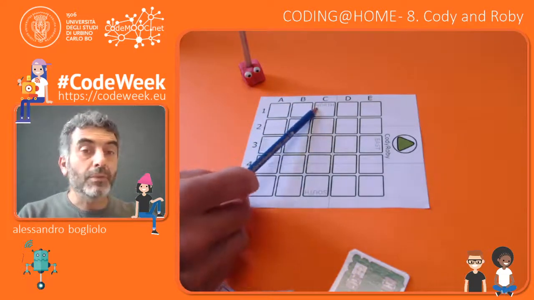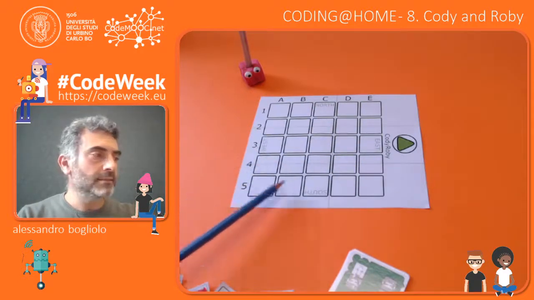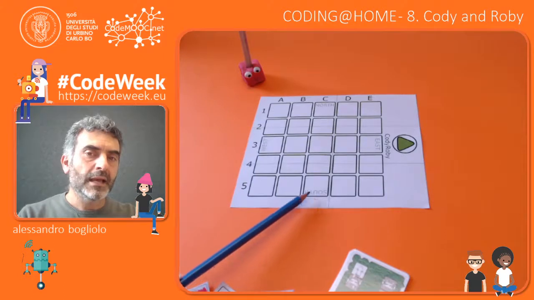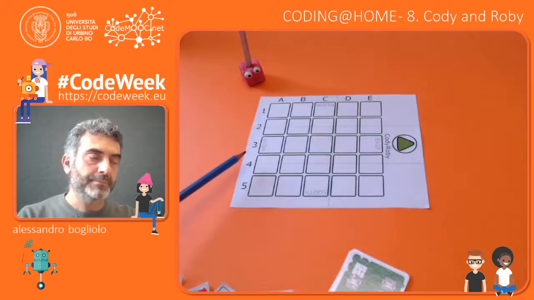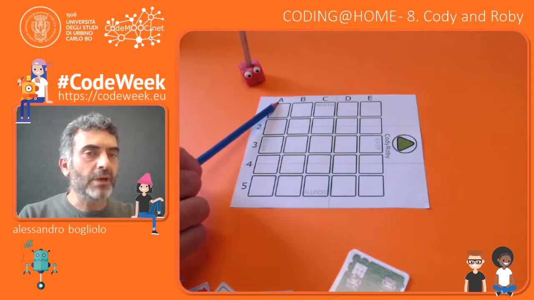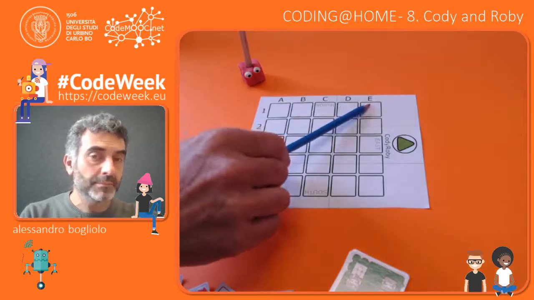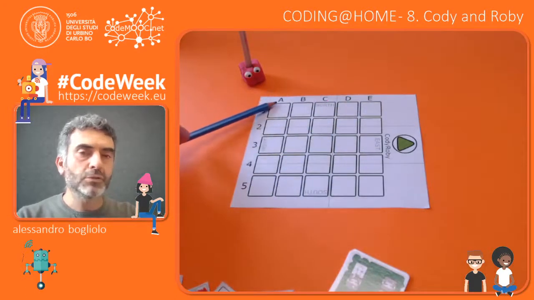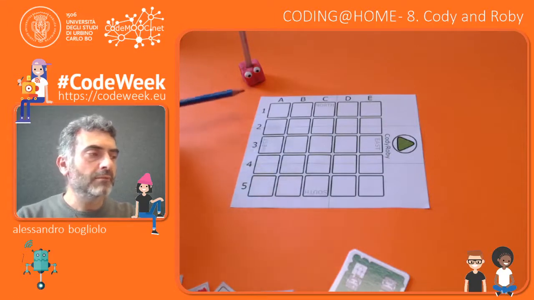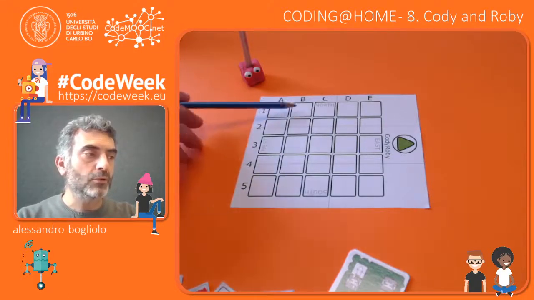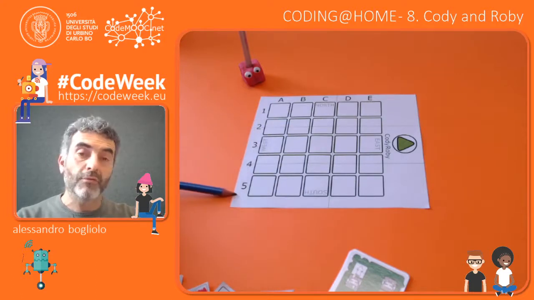So this is north, this is east, this is west, and this is south, exactly as if this was a map. On the other hand, here we have labels A, B, C, D, E, which denote the columns of our checkered board. And we have also labels denoting the rows, which are numbers 1, 2, 3, 4, 5.